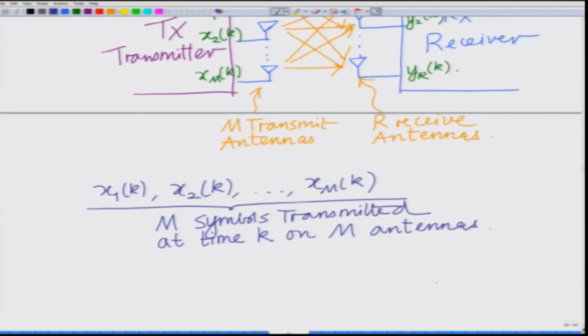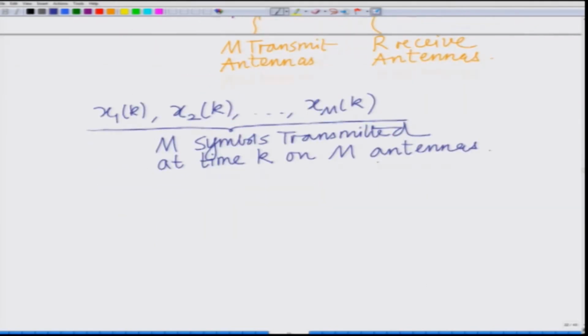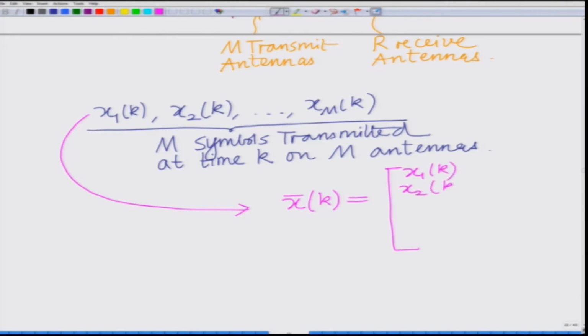Since you have m transmit antennas, you can transmit m symbols, and these I can write as the transmit vector x bar k equals x1k, x2k, up to xmk. This is your m cross 1 vector, the same as the m cross 1 input vector that we have seen previously.